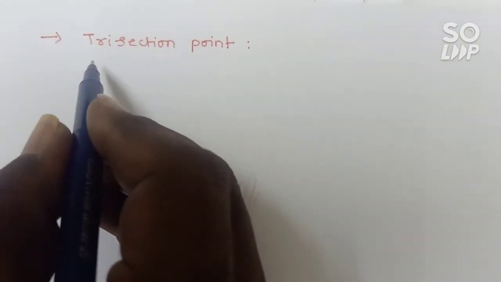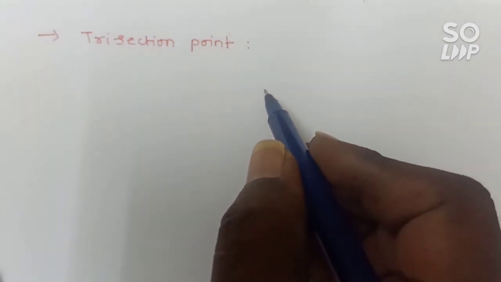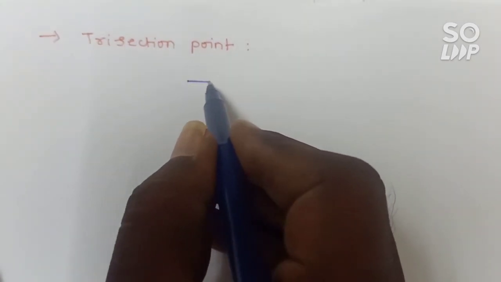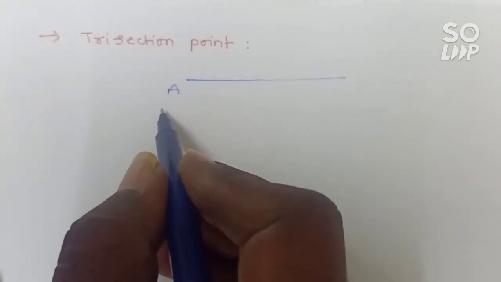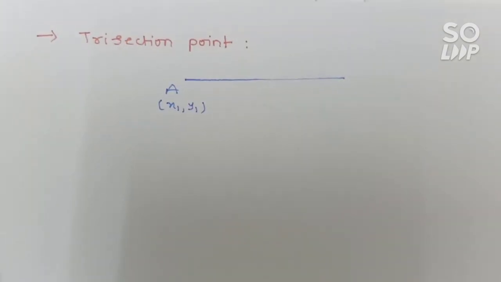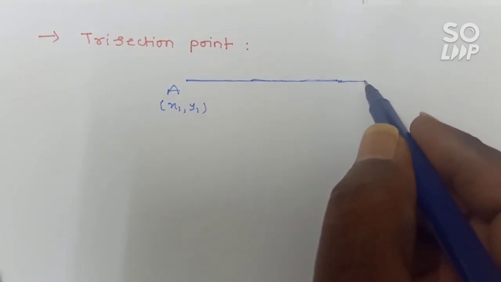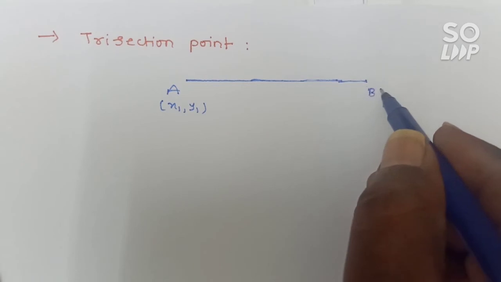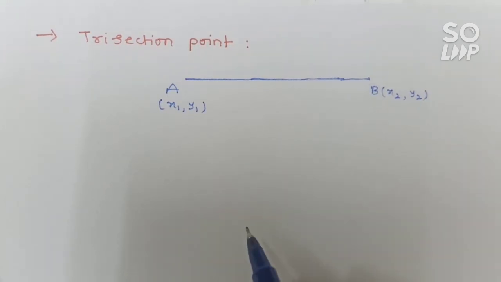The next one is the trisection point. What is meant by trisection point? See, here if you take the line segment joining the points A equal to x1 comma y1 and B equal to x2 comma y2, this one is a line segment.